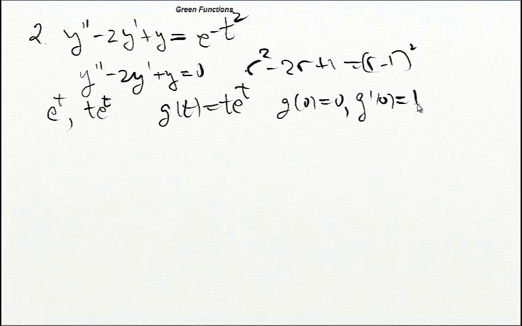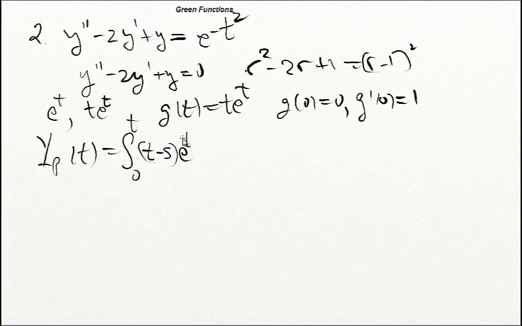That's the solution of the homogeneous equation which satisfies g of 0 equals 0 and g prime of 0 equals 1. And therefore our particular solution is obtained via the Green function method by integrating from 0 to t the Green function at t minus s, so t minus s e to the t minus s, times our inhomogeneous term e to the minus s squared ds.